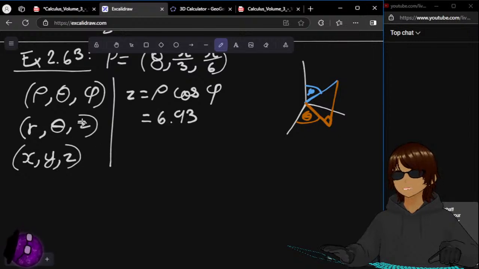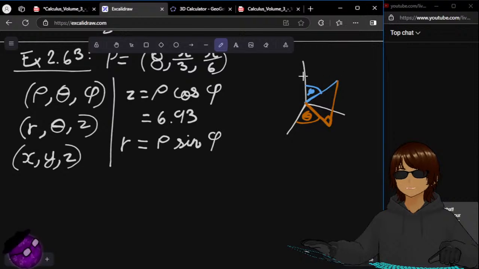Then theta is the same in both. We have r equal to rho sine phi.